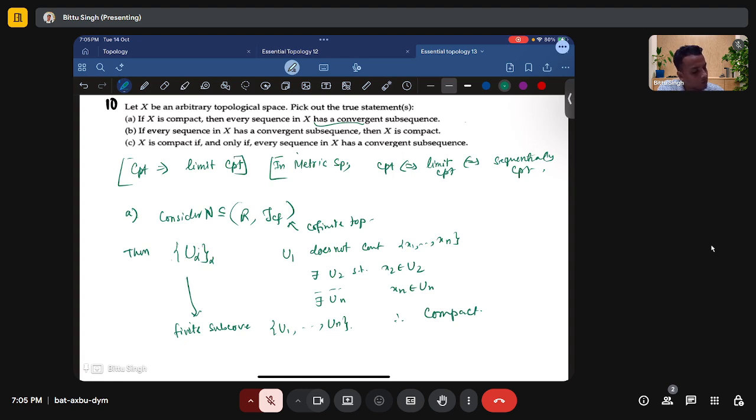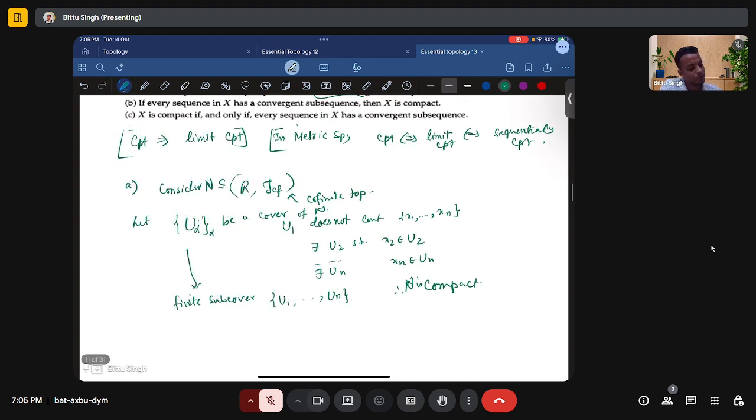Let U alpha be a cover of N. Then finally we obtain a finite subcover. Therefore, N is compact. We'll prove that N has no convergent subsequence.